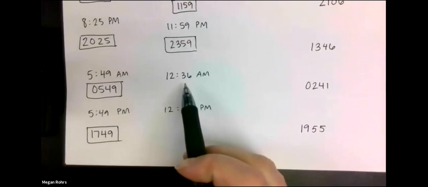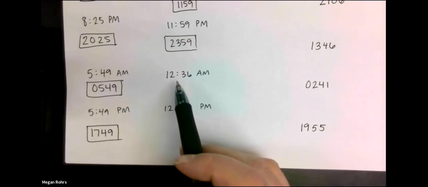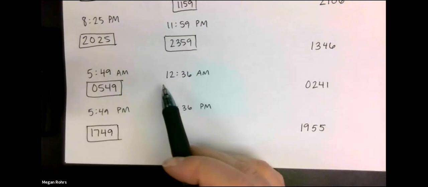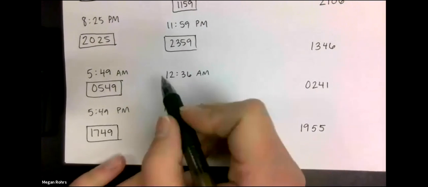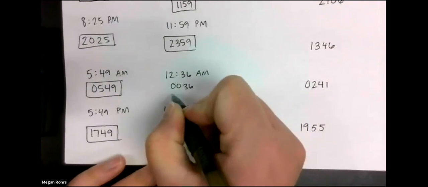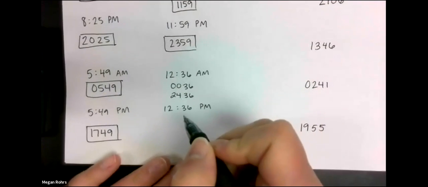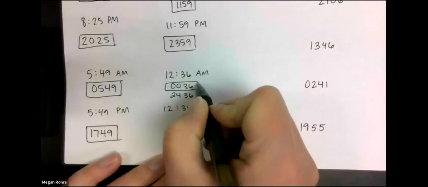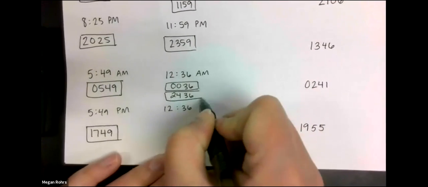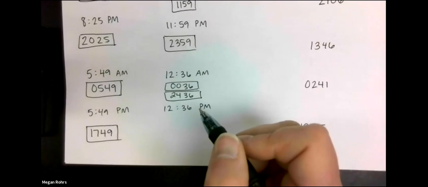Now, once we hit midnight, remember midnight is either going to be written as 0000 or 2400. So in this case, we could do 0036 or 2436. Either way is correct. Just depends on how you prefer to designate that.